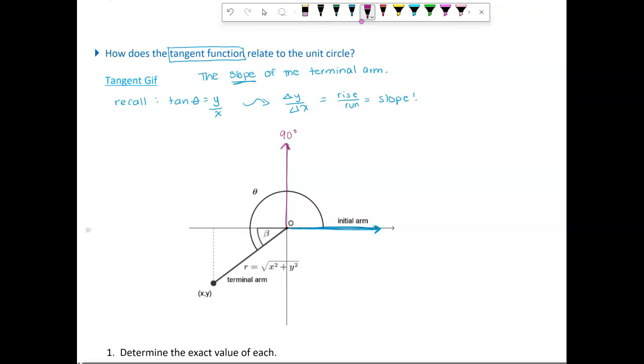The slope of this arm, a straight vertical line, would be undefined. So this would lead to asymptotes in a tangent function graph.